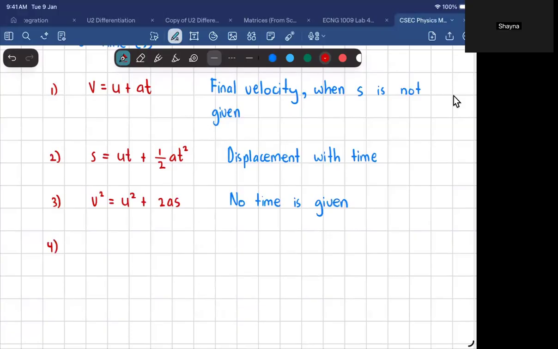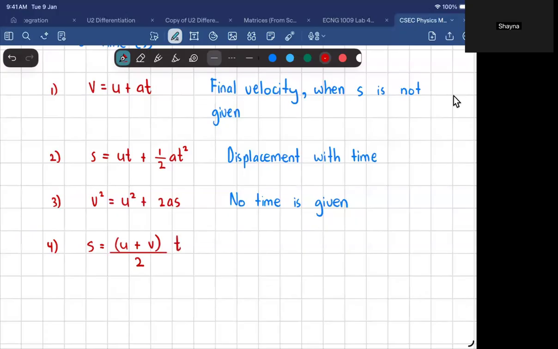And there's two more. I think I remember one more. S equals initial velocity plus final velocity over 2, times time.